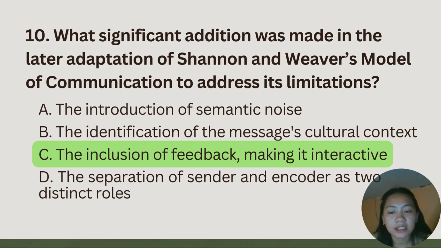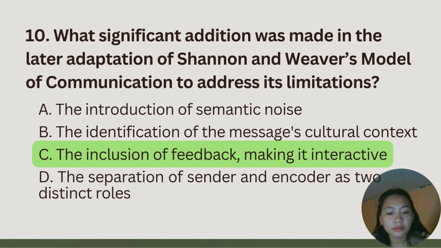Okay, next letter D, the separation of sender and encoder as two distinct roles. These roles were already distinct. The sender and encoder are already distinct in the original model of Shannon and Weaver.